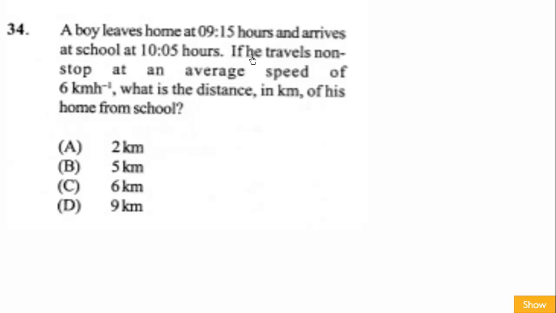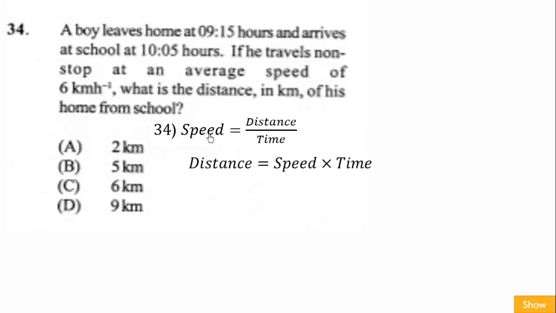If he travels non-stop at an average speed of 6 kilometers per hour, what is the distance in kilometers of his home from school? So we know that speed is equal to distance over time taken. Therefore, we need to solve for the distance, to get distance equals speed times time.